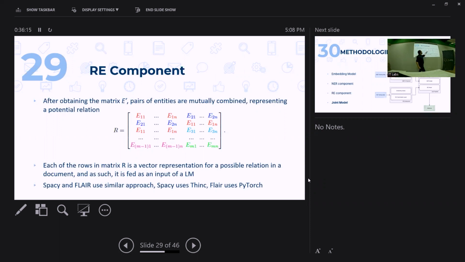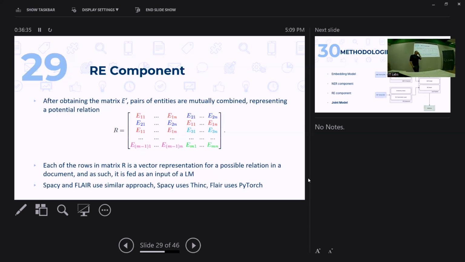In the example, this is works at. Then the other relation is has, affects, and so on and so forth. So we put this in matrix form for 1 document. We created this matrix form with the possible relations in a document.